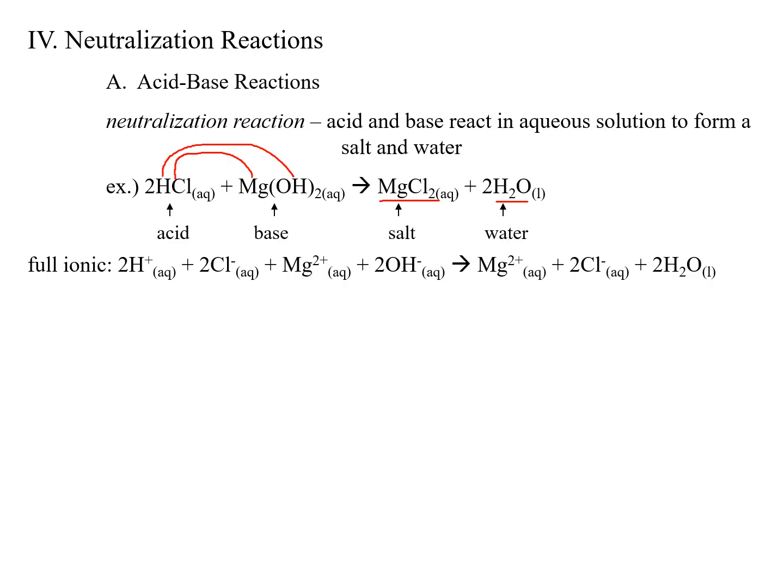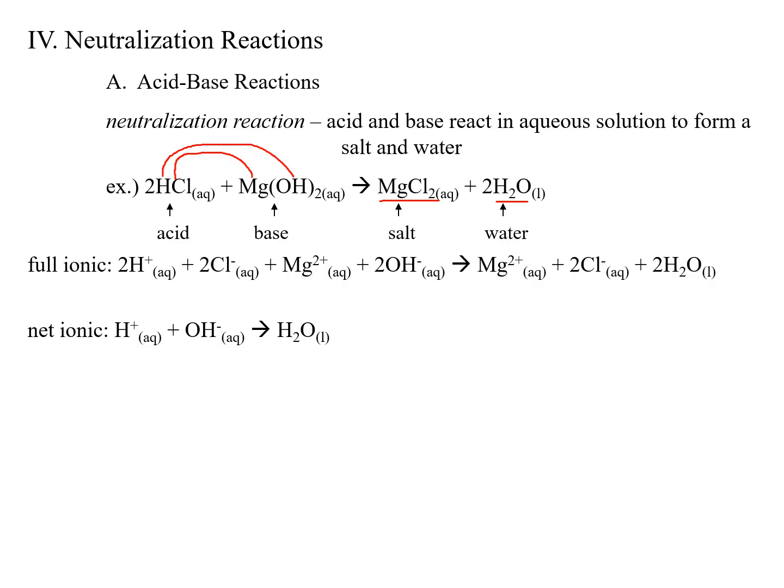They didn't change at all. So we get rid of those and we're left with the net ionic equation, which is what's left over. We're left with the H positives, the OH negatives, and the water. They were all 2s, so I just took the 2s out. And so we're left with H positive plus OH negative makes water.